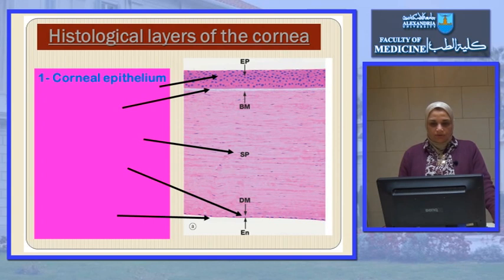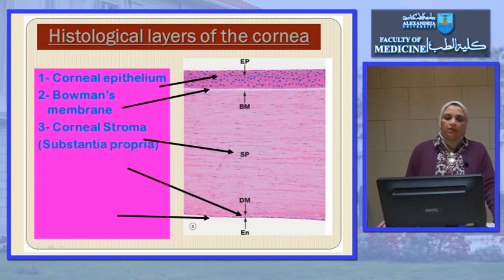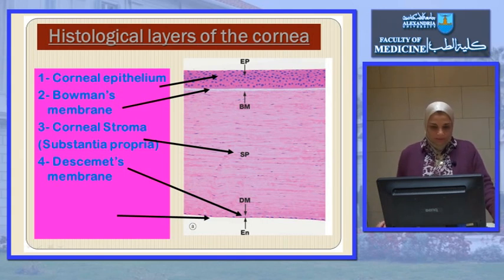What are these layers? First of all, the corneal epithelium. Then underneath you will find Bowman's membrane, and then the corneal stroma or the substantia propria, and this constitutes about 90% of the thickness of the cornea. Then we'll find Descemet's membrane.